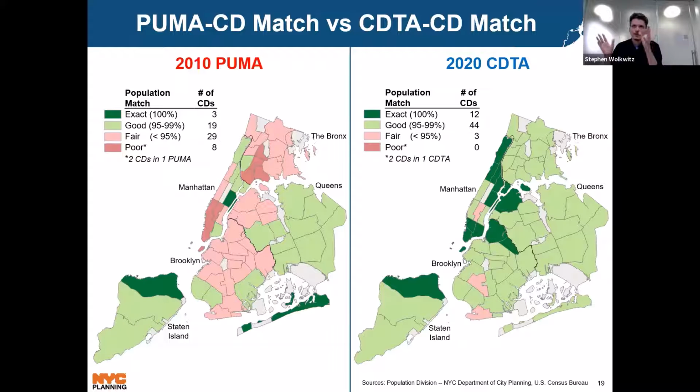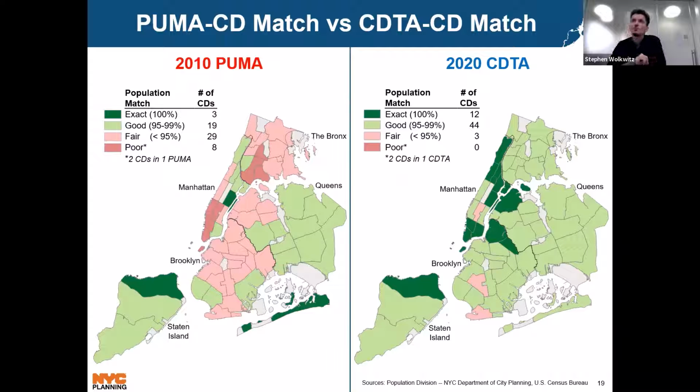So if you look on the right, you notice there's a lot more green on this map. We were able to improve from just 3 Pumas that had an exact or 100% population match to now 12 CDTAs where you'll get a 100% match. And where we weren't able to get to 100%, we were able to improve across the board.